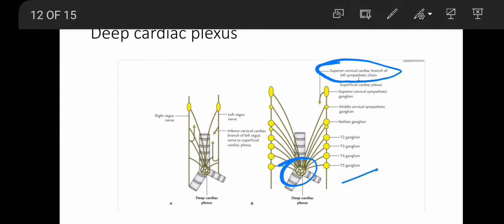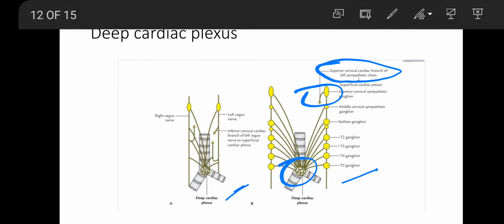That is the cardiac branch from the superior cervical ganglion of the left side. It is going to contribute to the superficial cardiac plexus. All the other branches are going to contribute to the deep cardiac plexus.